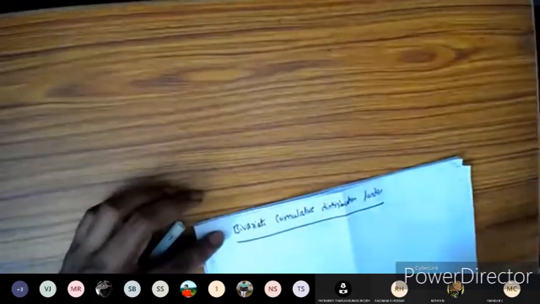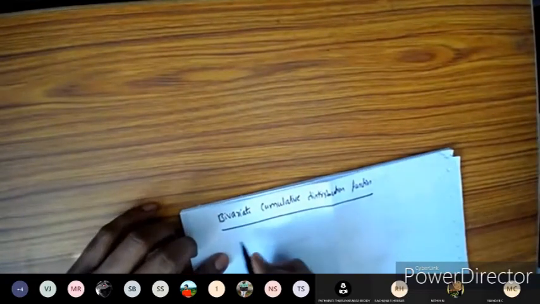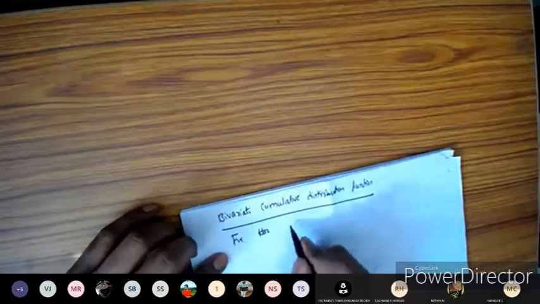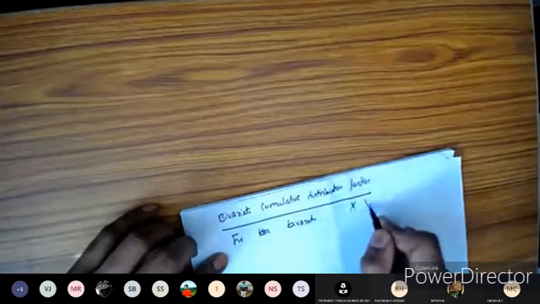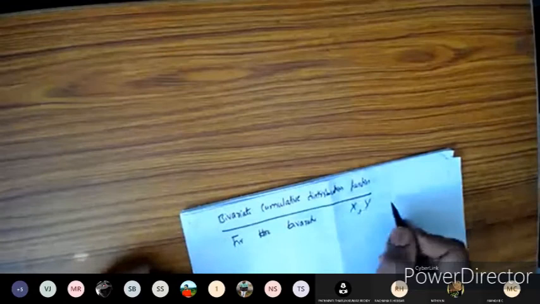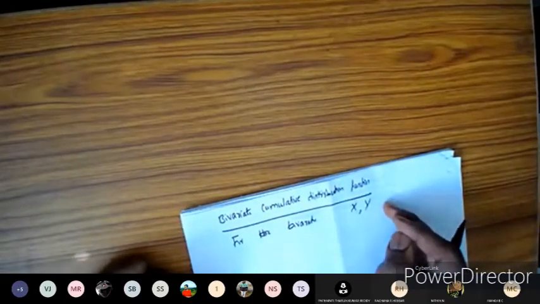It will be defined like this. For the bivariate random variable X and Y, bivariate is nothing but two, so two random variables we call bivariate.